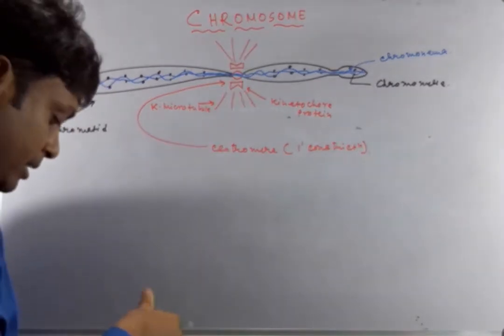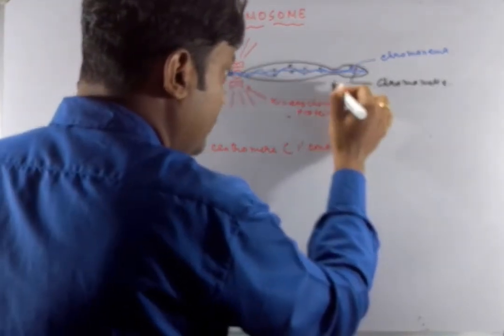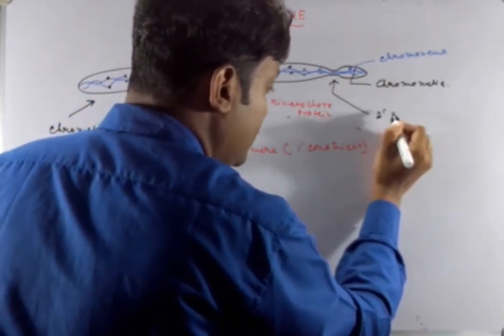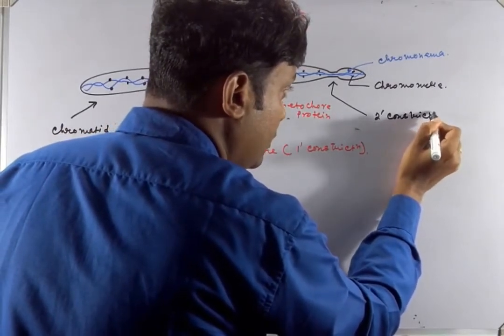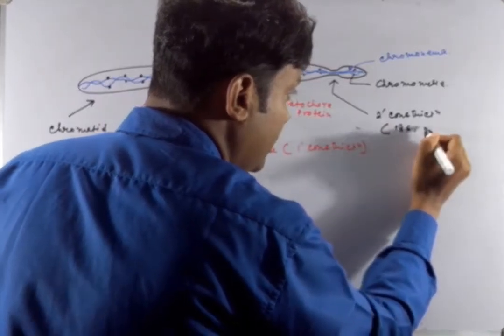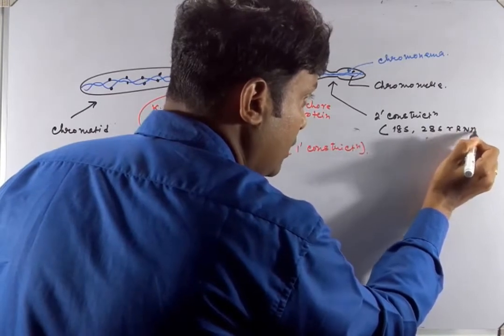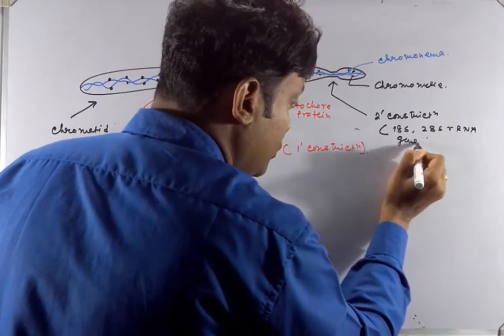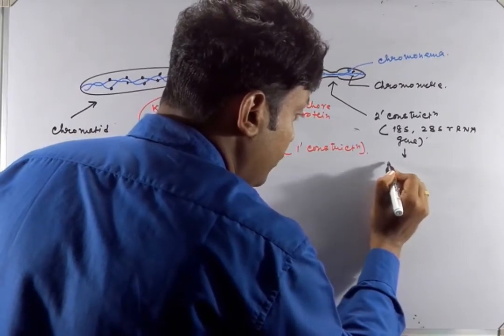And the centromere, I have told you, is the primary constriction, and this is the secondary constriction, another constriction in the chromosome. The secondary constriction contains the 18S and 28S rRNA genes, and this is responsible for synthesis of the nucleolus.